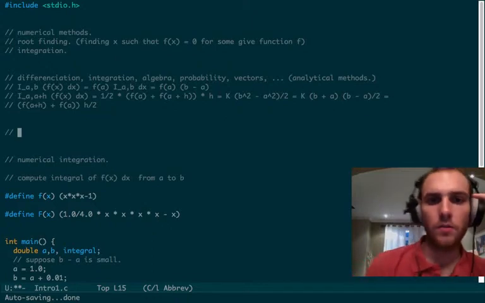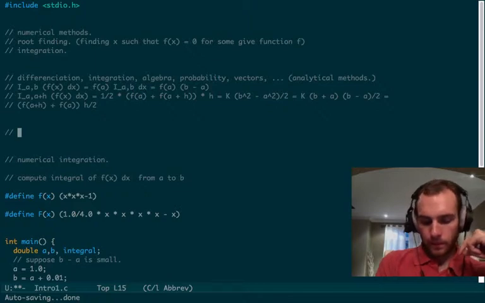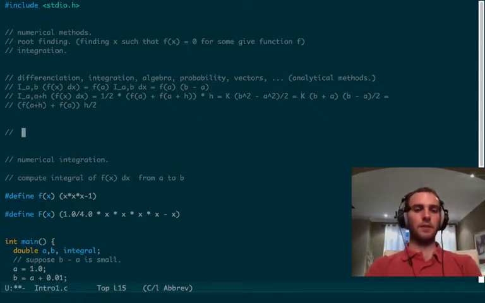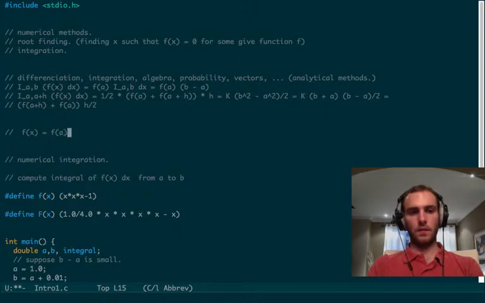But why should it even work? If you've ever heard about something called the Taylor expansion of a function, you have a function f of x, and you write it as a series of approximations.